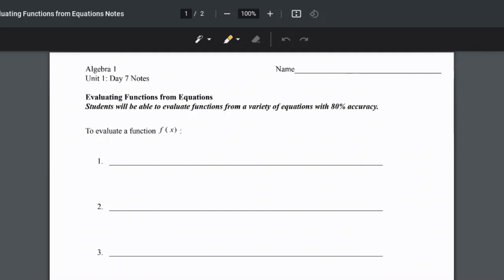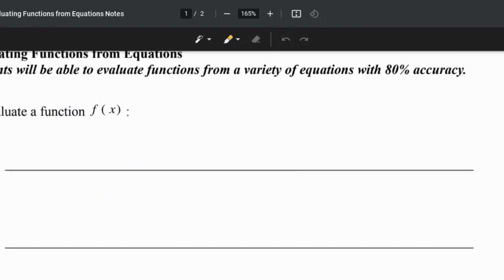In this video, we will be focusing on evaluating functions from a variety of equations. To evaluate a function, this is how we depict it as f of x.